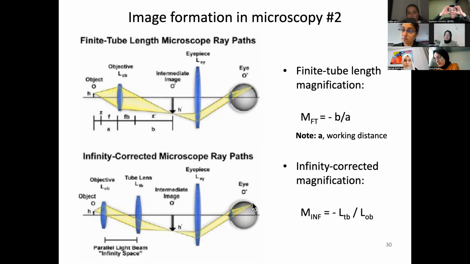This is why, when you're looking at some microscopes, sometimes things move in the opposite direction. Okay. And the parallel light beam here gives us a very good opportunity to manipulate the light, so that you hear about various types of microscopes utilizing this. We call this infinity corrected, because it supposedly runs in infinite space.